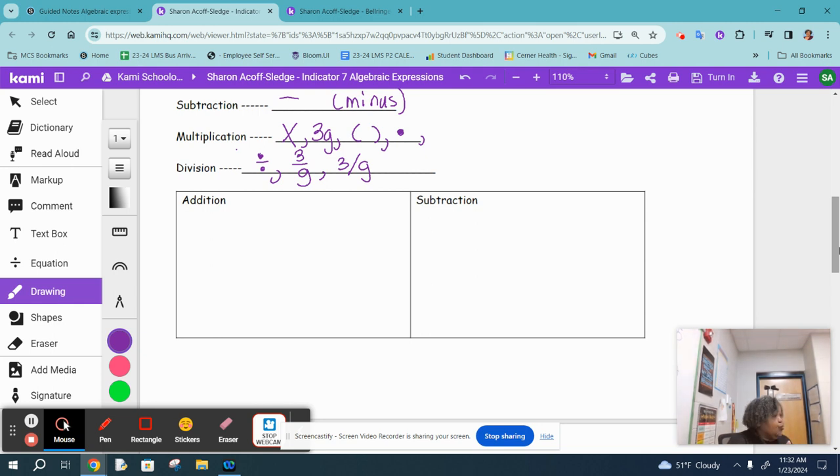How would you figure that out? Divide 500 by 25, and that will give you the number of weeks. If you were going to write it as an algebraic equation, 25 times the number of weeks equals $500. And to solve that, you would divide both sides by 25.